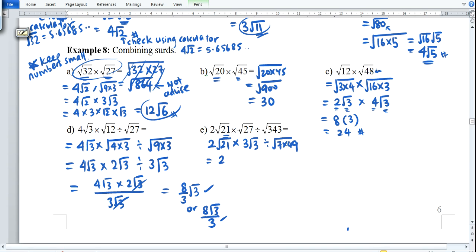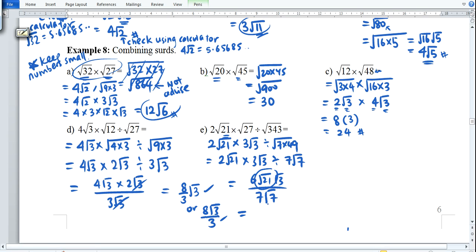So I will have 2 square root 21 times 3 square root 3 divided by 7 square root 7. Then in this case, I will get 6 square root 21 square root 3 divided by 7 square root 7. Now, is this the end, or is there something more that I can do? Do you notice that square root 21, we didn't do much to it because at the start we couldn't see what to do.